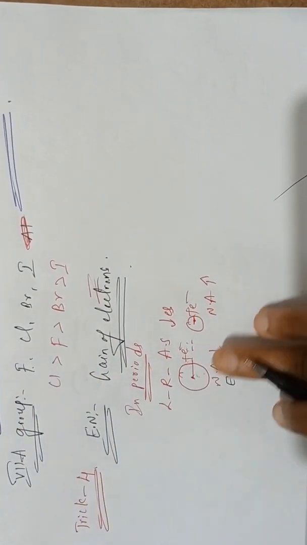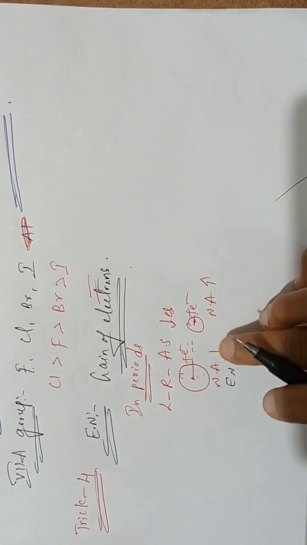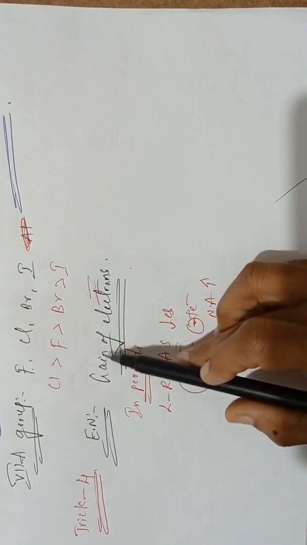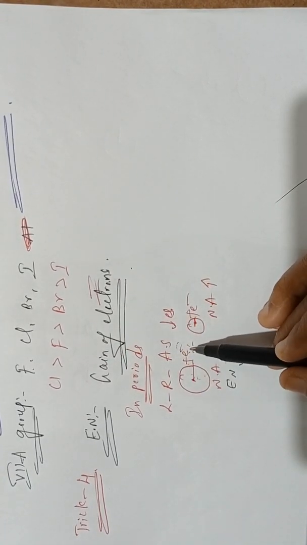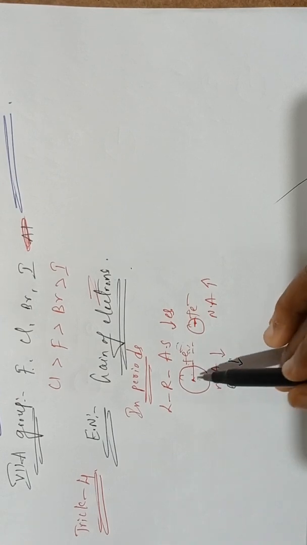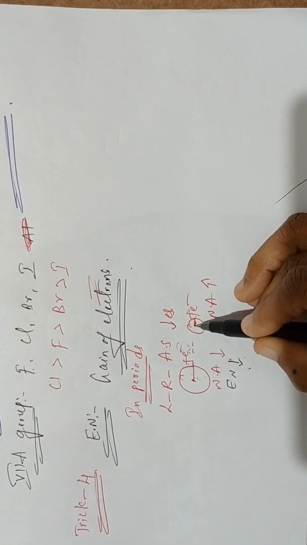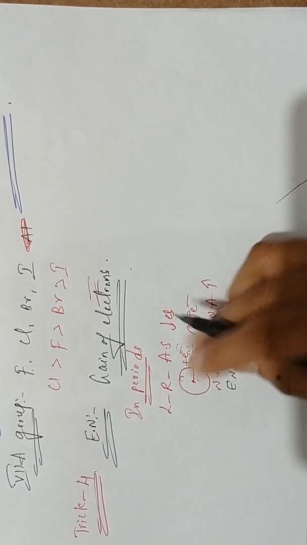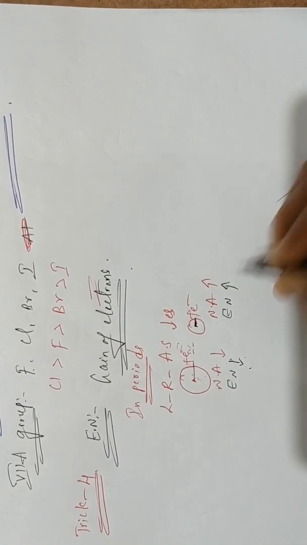Are you understanding? Nuclear attraction is less, so it is not ready to gain electrons, because attraction is less and distance is more, so electronegativity is less. Here nuclear attraction is more, so it is ready to accept an electron, ready to gain electrons, so electronegativity is more.